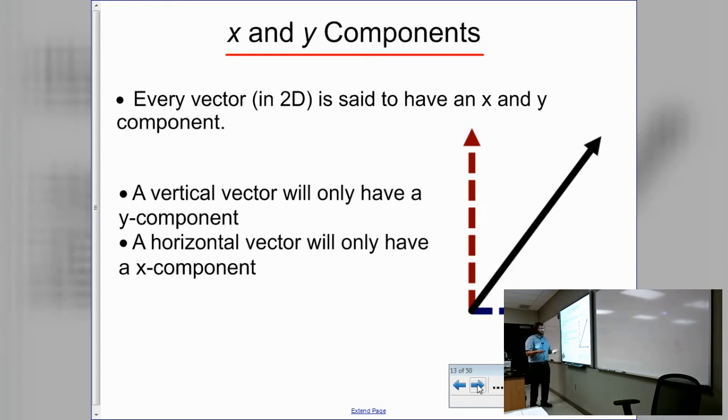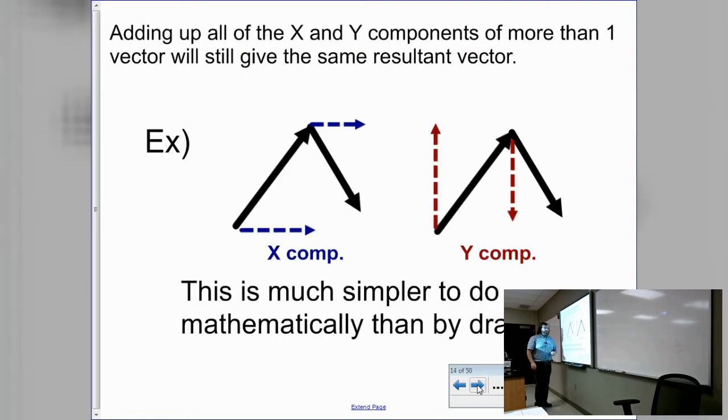Remember that if something is just moving vertically, it's only going to have y components, and if something is moving totally horizontal, it's just going to have x components of motion. That's what last chapter was like. Now, what's going to come into play is that sometimes we're going to have multiple vectors being added together, and adding up the x and the y components of more than one vector will give us the same resultant vector.